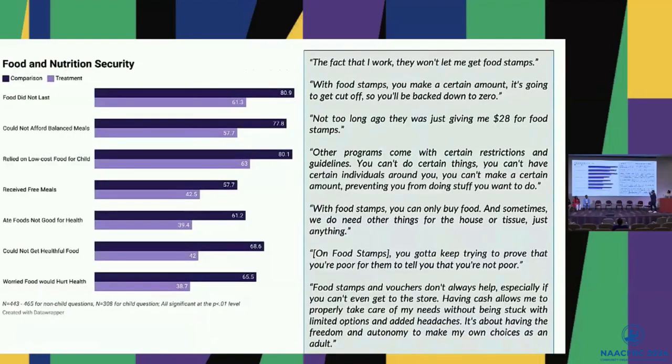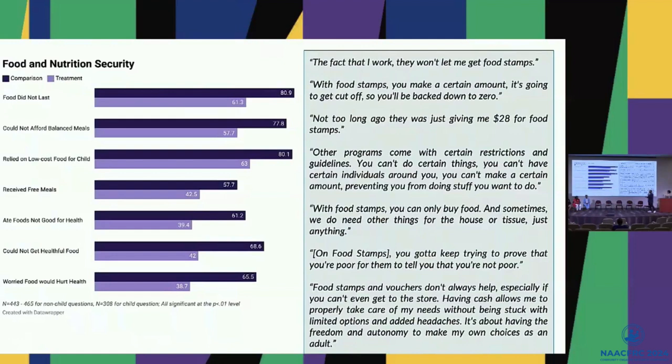Food and nutrition security. There were conversations that we had about food stamps and other government resources not being sufficient. What we saw is a significant reduction for the women in our program in not having food that lasted, and in relying on going to food banks and getting food for free, which many times does not give them balanced meals.